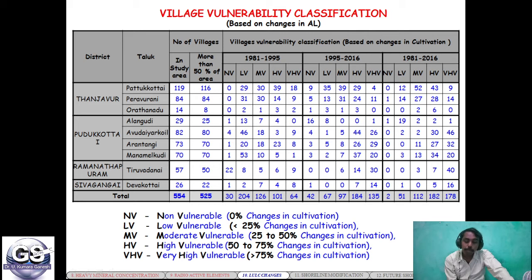Non-vulnerable means there is no major modification in these villages. Low vulnerable means less than 25% modification. Villages with 25 to 50% modified cultivated land were categorized as moderate vulnerable, and highly vulnerable villages include more than 50 to 75% of changes. Very highly vulnerable villages are those with more than 75% of changes.